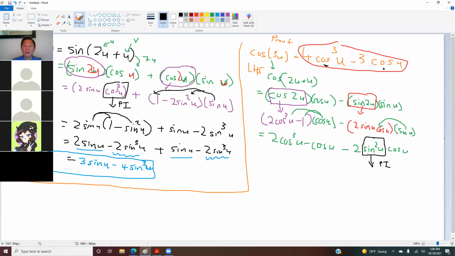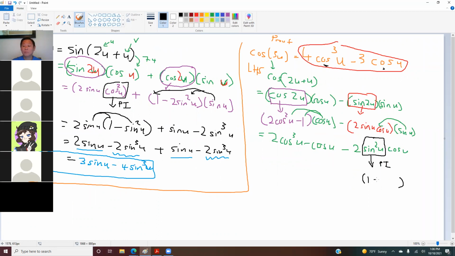Can someone tell me what the Pythagorean identity for sine squared u is? 1 minus cosine squared u. So what is in front of this is a negative 2 cosine u. Because this is all multiplied, I can put that together. What you need to do here, class, is distribute this negative 2 cosine u into the Pythagorean identity that you get.